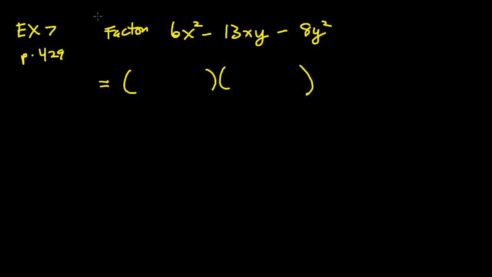It's a little more complicated because this last term is negative. That means I have to allow for plus minus, or minus plus, in the middle sign slots, we'll call them. So let's consider our options here. I think I'm going to start with 3x and 2x in the first slots.